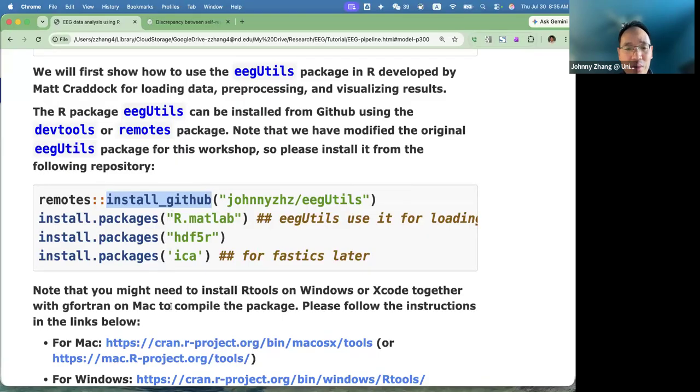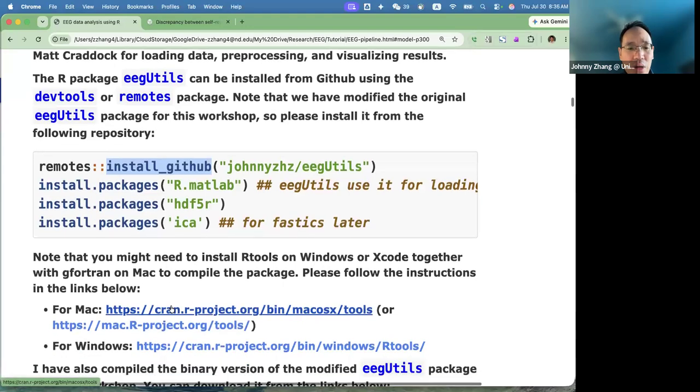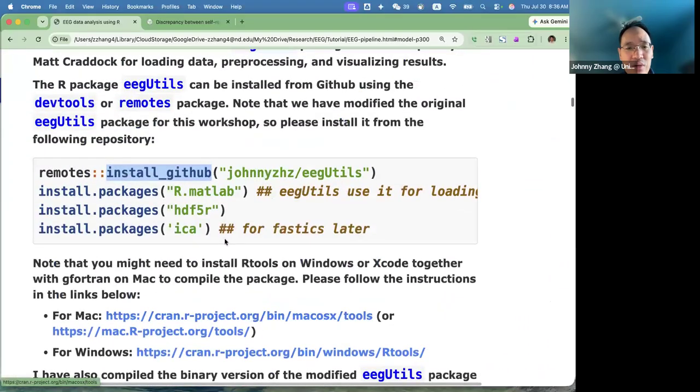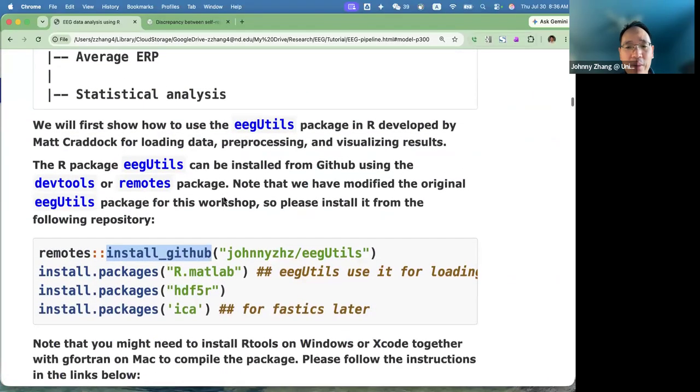This package was originally developed by Matt Craddock. But I made some changes to the package so that it can work with our workshop today. Therefore, you can also install the package directly from my GitHub repository here. Using this command, you should be able to install it.